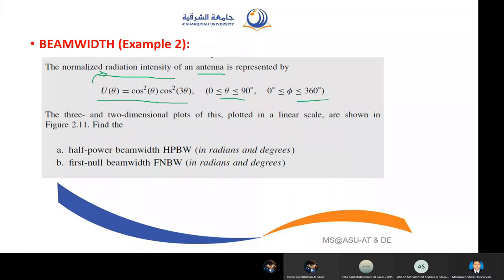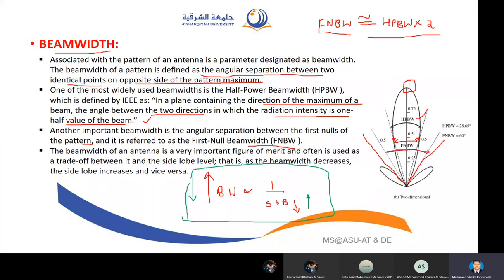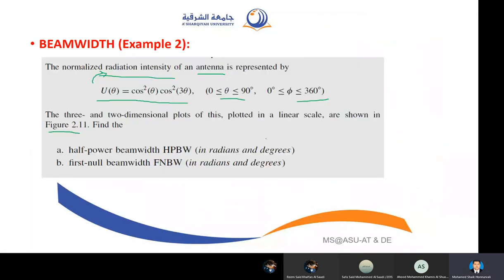You can find the 3D figure in the book if you want; I have already drawn the 2D plot here. So we have to calculate the half power beam width, and also the first null beam width.